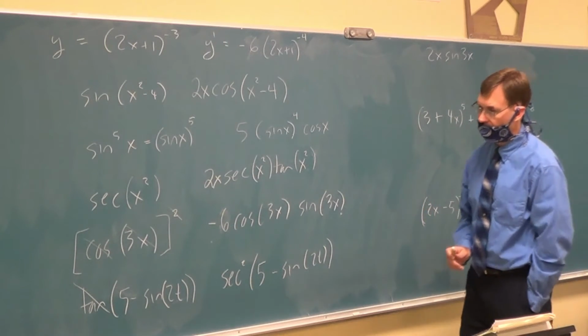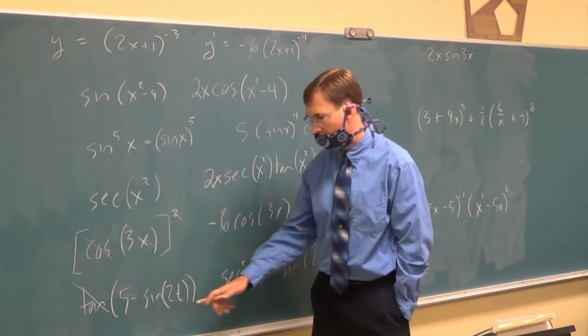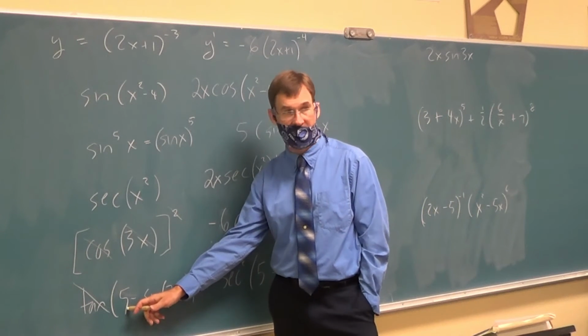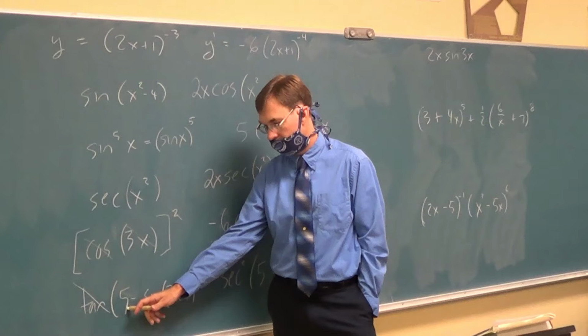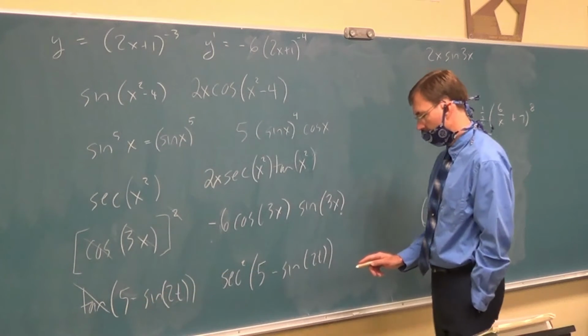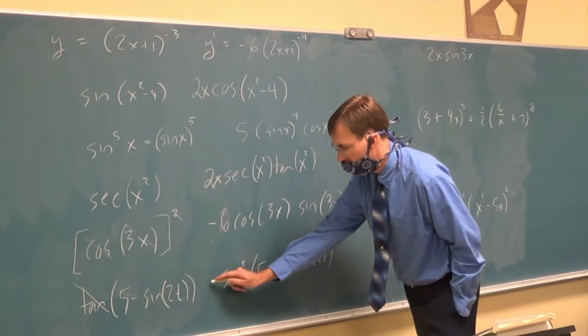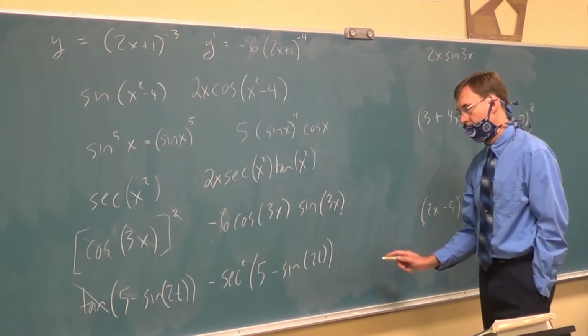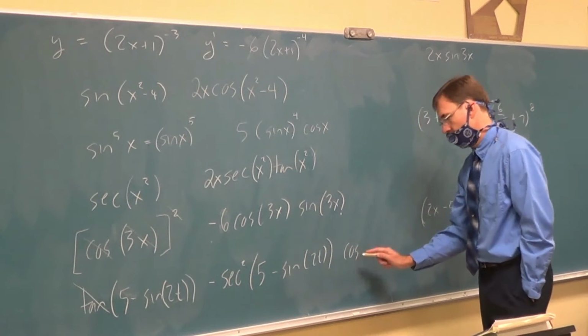Now work in a level. The first thing I'd look at would be the 5, but the derivative of 5 is 0. Derivative of negative sine would be negative cosine. So I'm going to do negative there and cosine here.